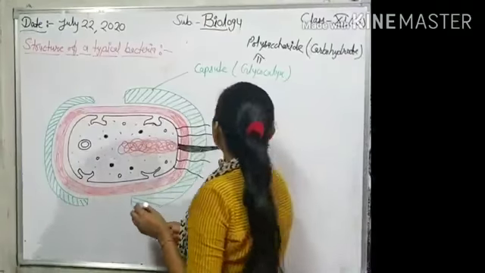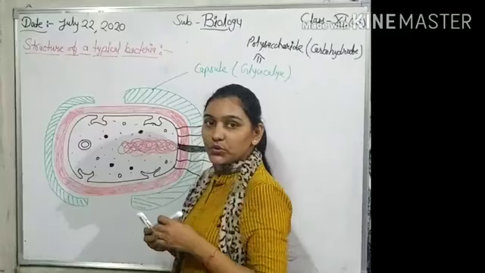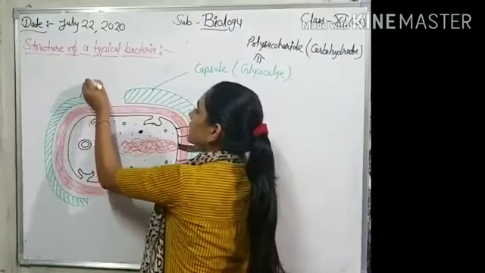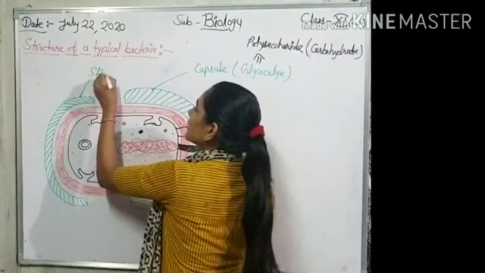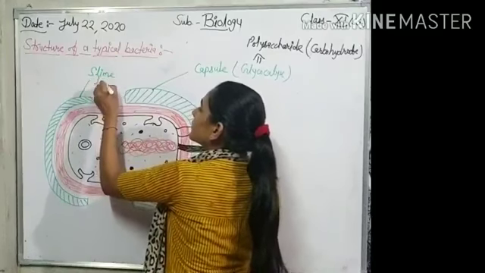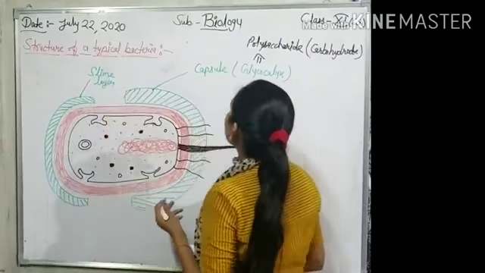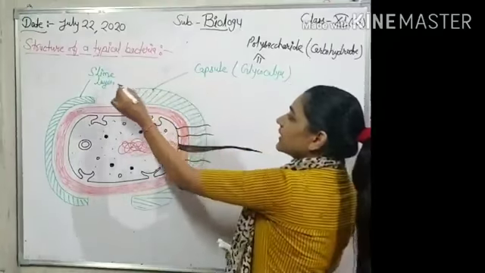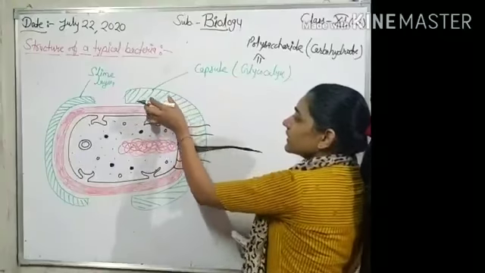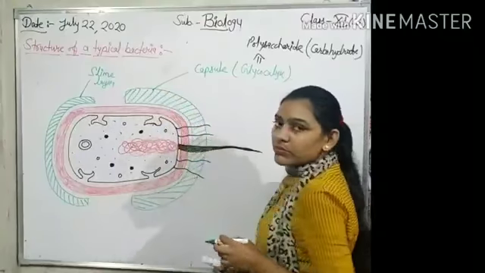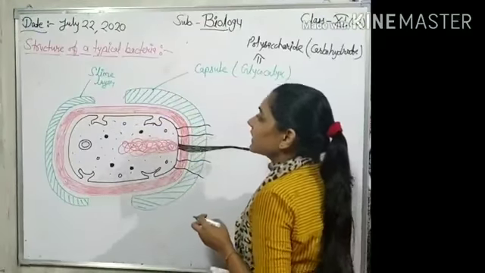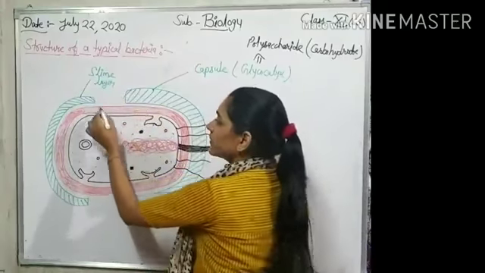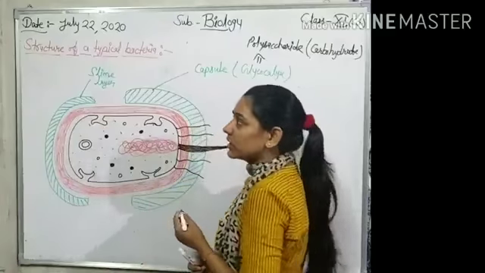Sometimes glycocalyx becomes loose and thin, so it is known as slime layer. So glycocalyx is of two types, capsule and slime layer. Capsule is the thick and tough part of the bacterial cell, but slime layer is the thin and loose part of the bacterial cell.